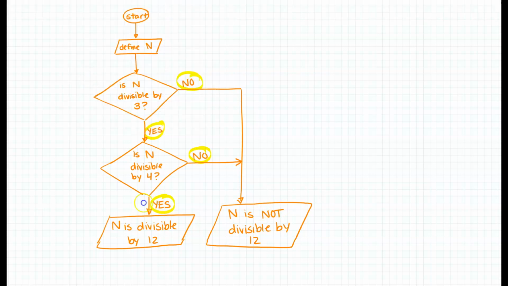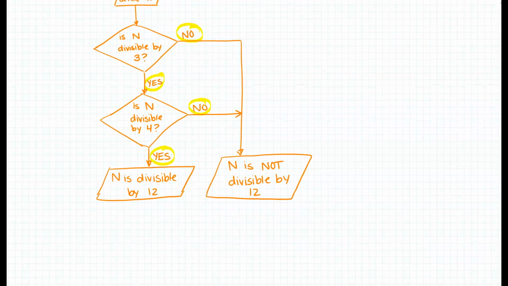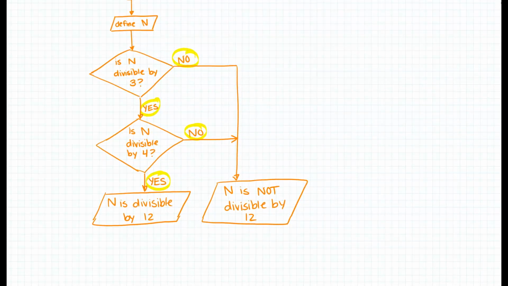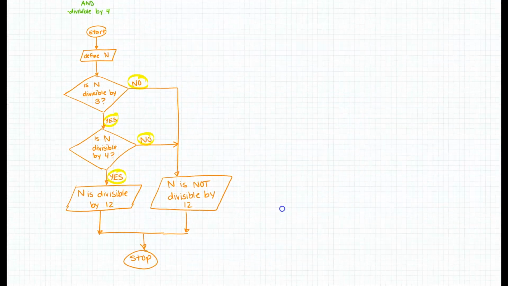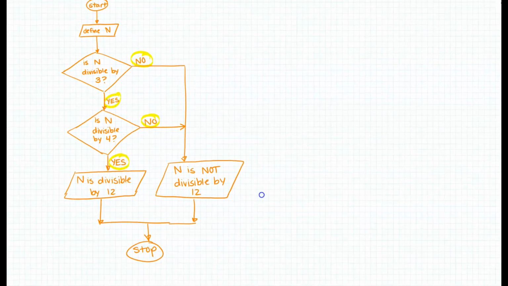And you'll see later in this module how we can code this using what's called an if statement. And this is actually an if statement inside of an if statement. And here we're just going to stop our program or end. So that's our flowchart for this example.